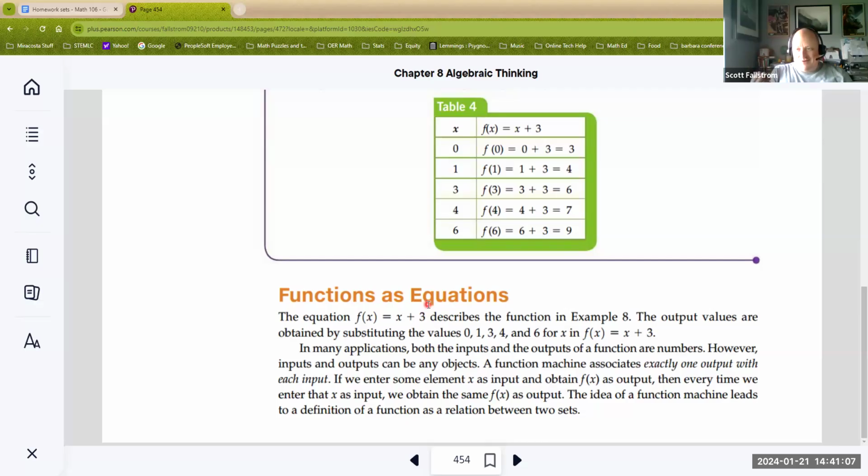There's inputs and outputs. And a function is a very specific relationship where exactly one output gets paired with each input. So each input that you have, like 0 here, right? 0, that's an input. Each input that I have maps to exactly one output.